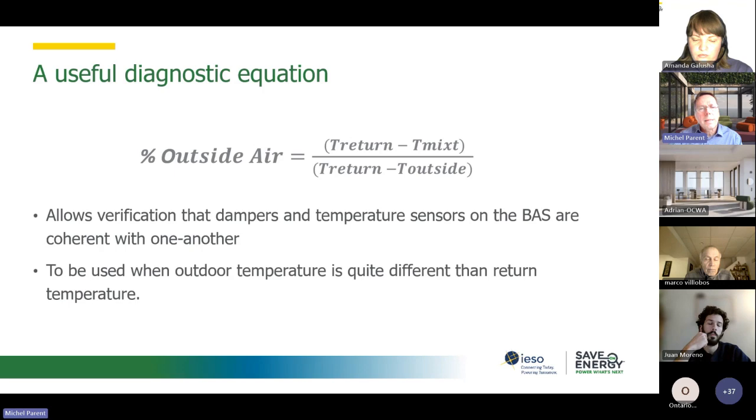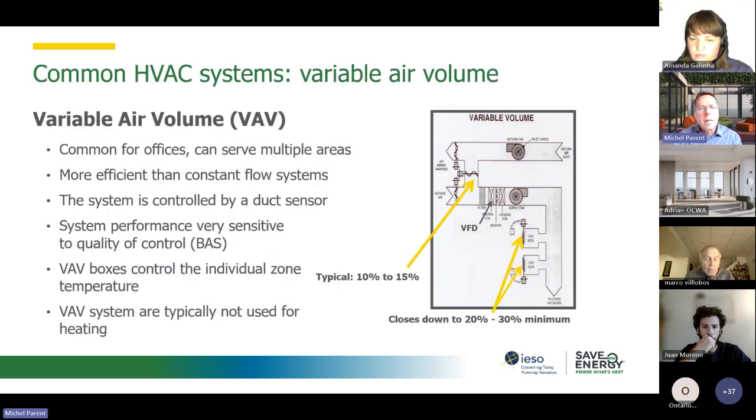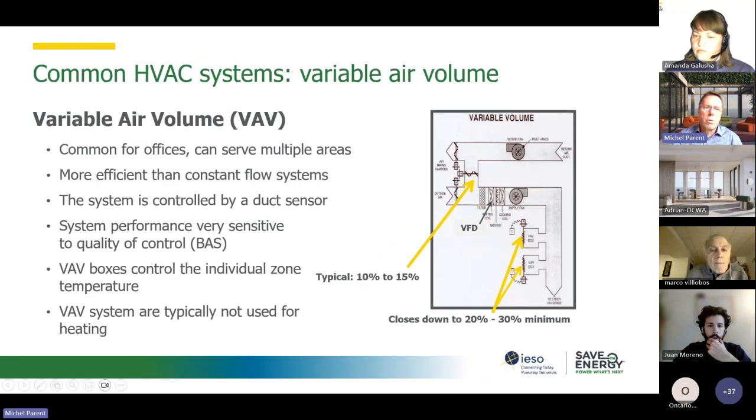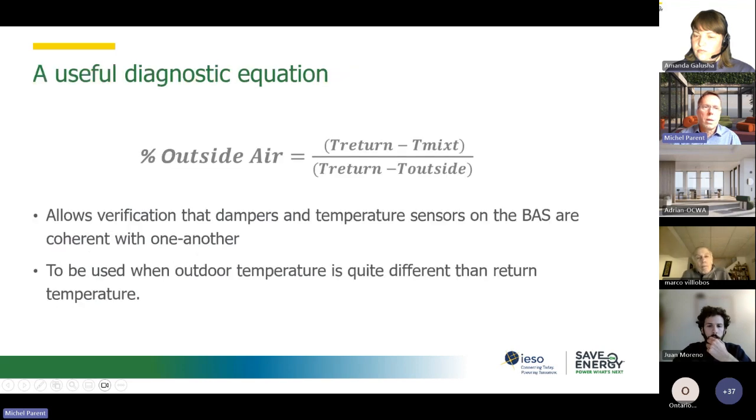If I go back to that slide here, the mixed air temperature is located right here where the returned air and the outside air mixes together. You'll measure that temperature. Sometimes you have to take an average because there could be stratification in your system. And then you'll divide that by the return temperature minus the outside temperature. This will give you a good estimate of your percentage of outside air.